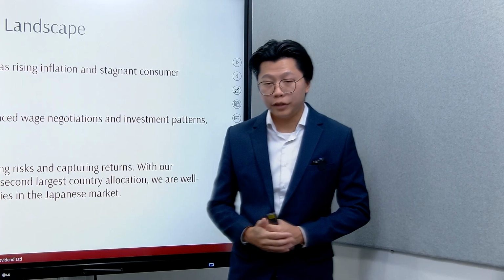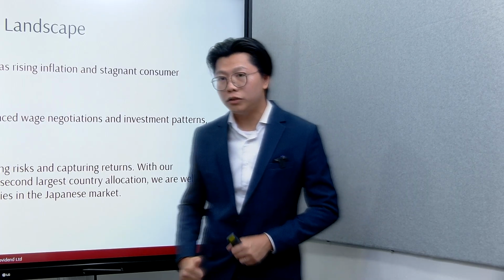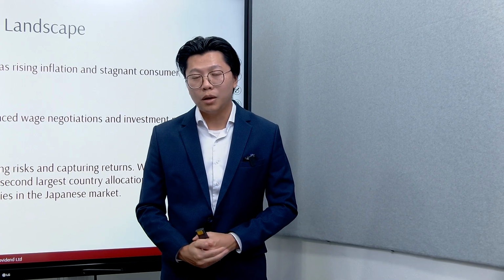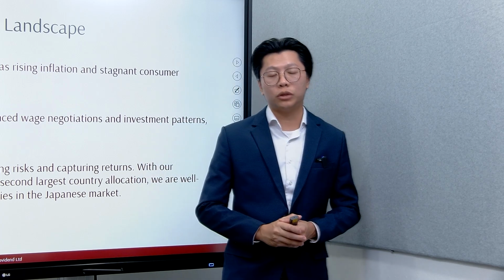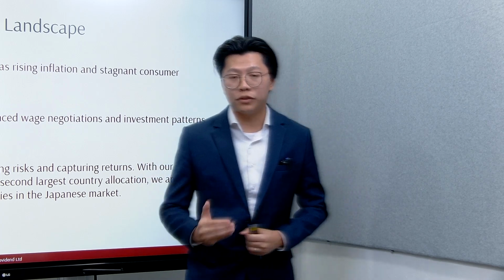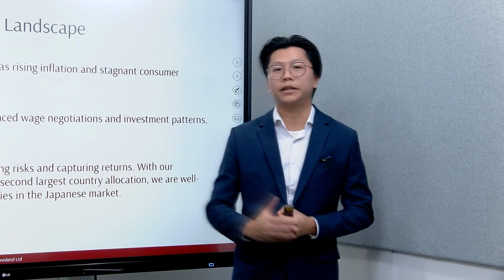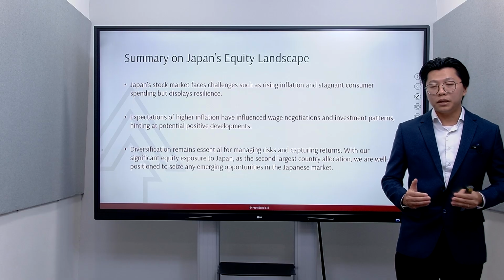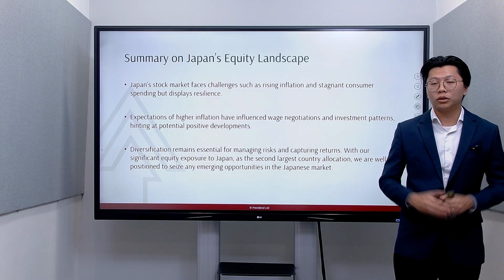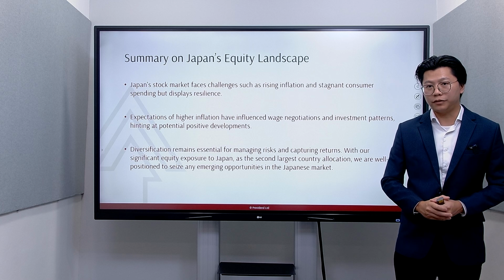Finally, diversification remains essential for managing risk and capturing returns. With our significant equity exposure to Japan, we are well positioned to capture whatever emerging opportunities arise from that market. Let me pass the time to Joyce, who will also be talking more about diversification.